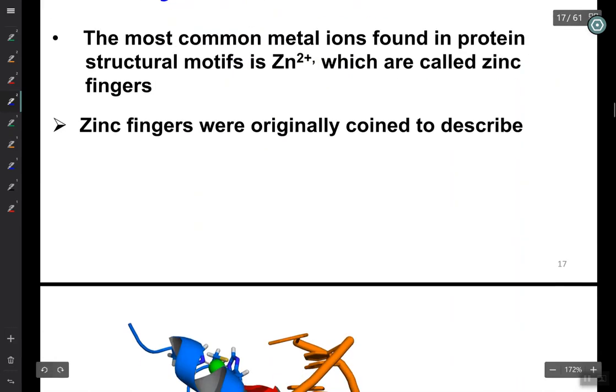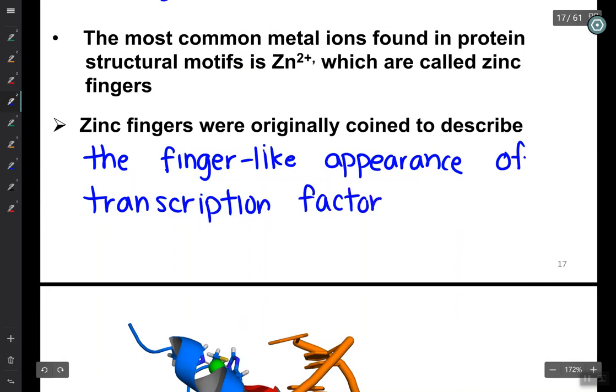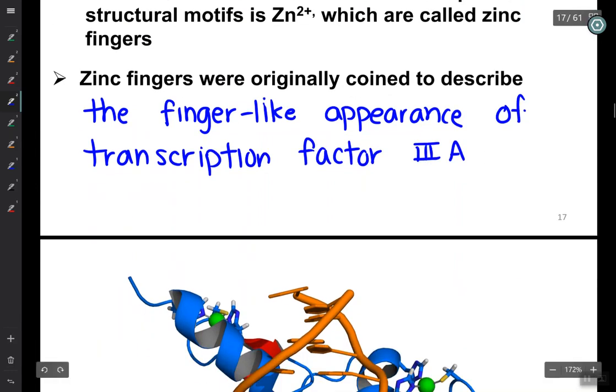Zinc fingers were originally coined to describe the finger-like appearance of transcription factor 3A when it was first observed, which appears to be directly involved in intercalation of DNA.